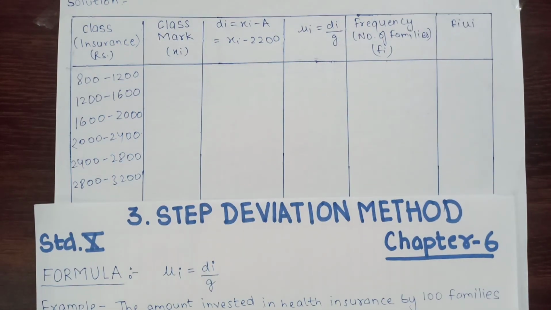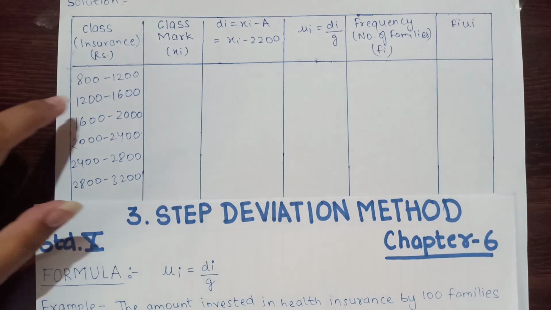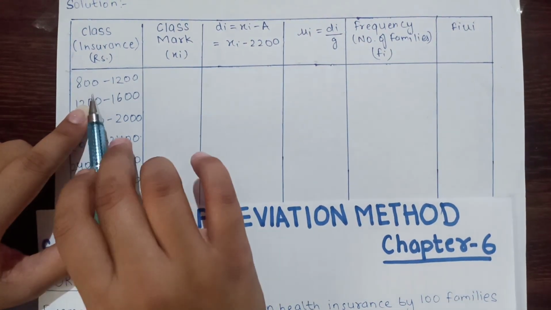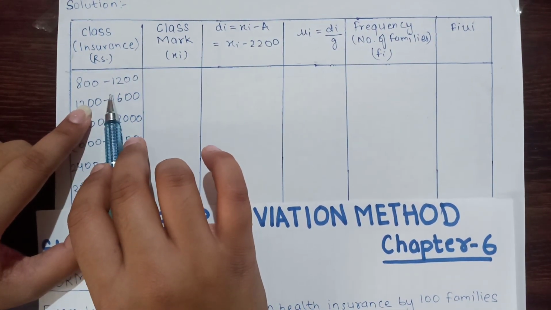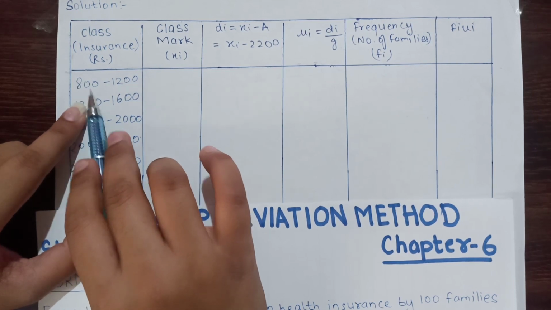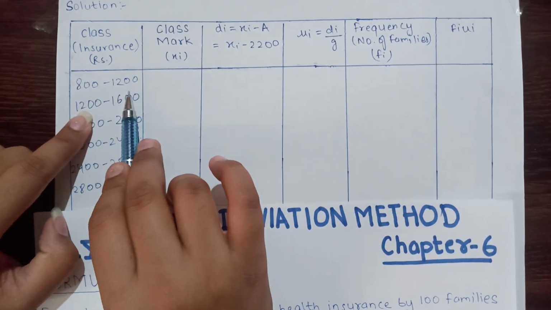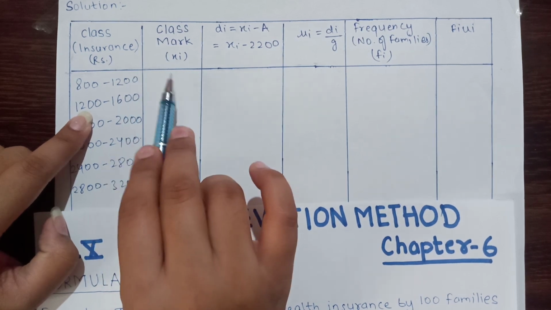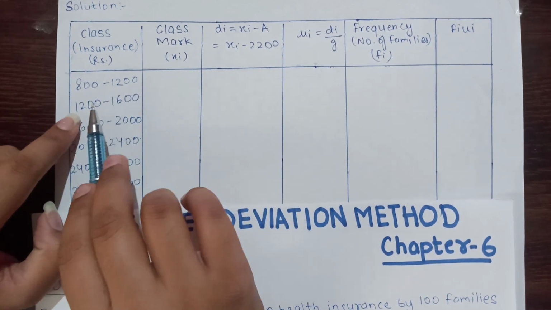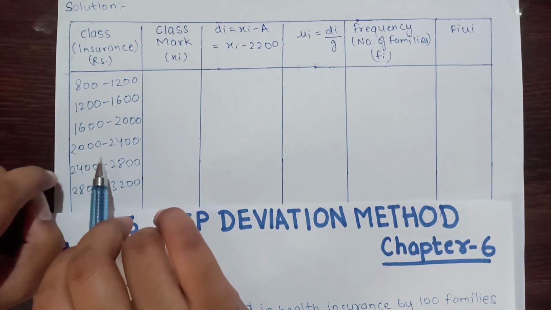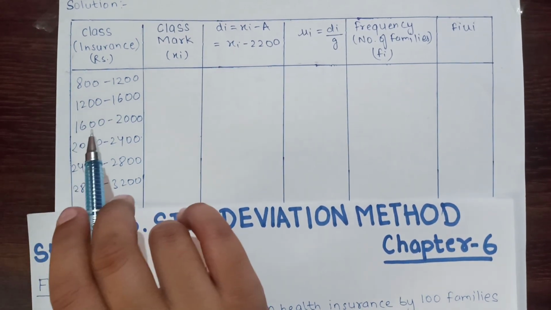So how can we find the class mark? I have explained to you that we need to add the limits and divide by 2. We need to add 800 and 1200 and then divide by 2. Whatever will be the answer, that will be our first class mark. Then further we need to do the same calculation for each. So let us start.